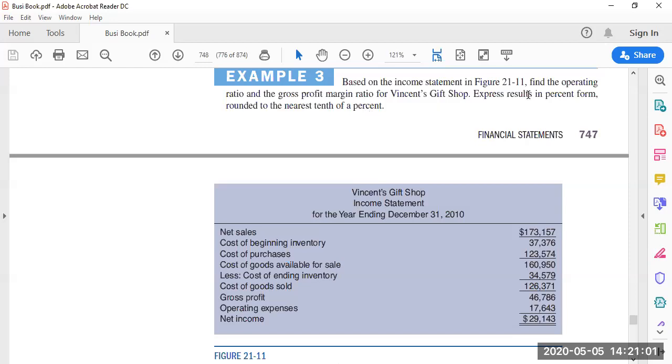So based on this income statement, let's find some operating ratios and the gross profit margin ratio. Express them in percent form, rounded to the nearest 1/10 of a percent.